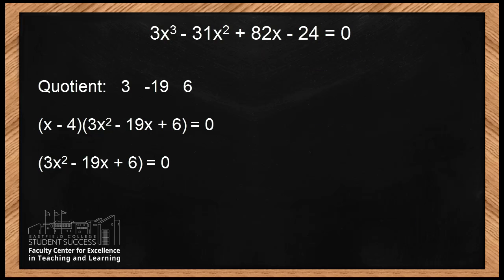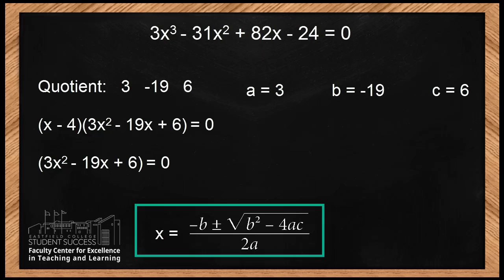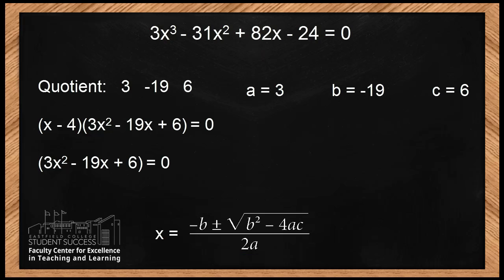And as a kind of reminder, let's write down the quadratic formula. x equals negative b plus or minus square root of b squared minus 4ac, divided by 2 times a. Go back to your quadratic equation. a is 3, b is negative 19, and c is 6. Let's plug it in.